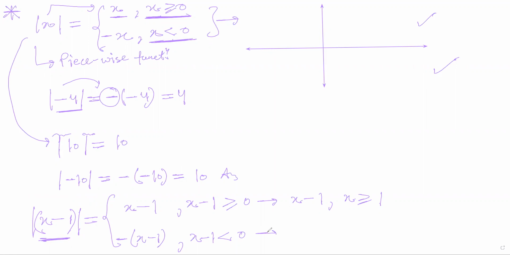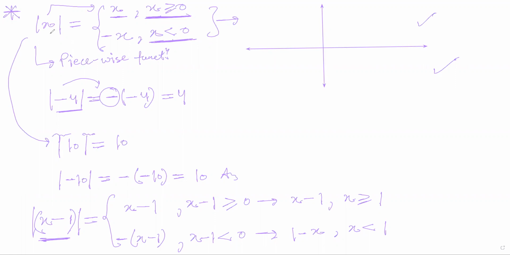And whenever the value is negative, the answer would be negative of this number, which would be minus of x -1, which can also be written as 1 minus x. So that is how you can simply open up any modulus. This modulus is defined for two cases, x greater than or equal to 1 and x less than 1. This is how you open up a modulus.